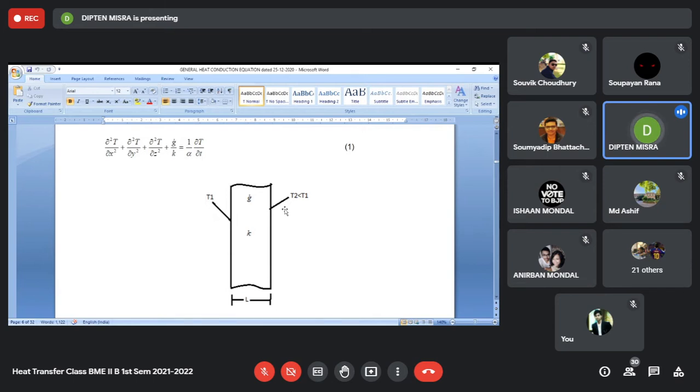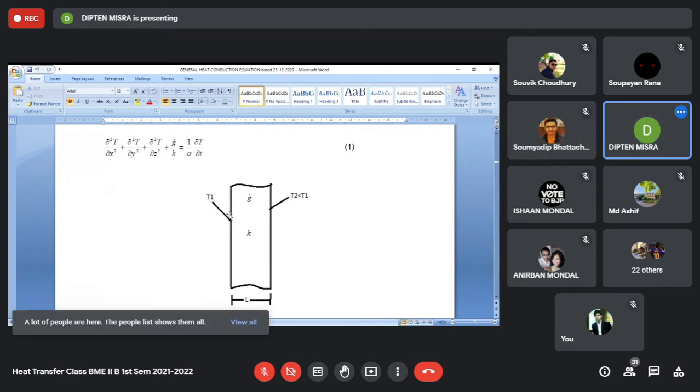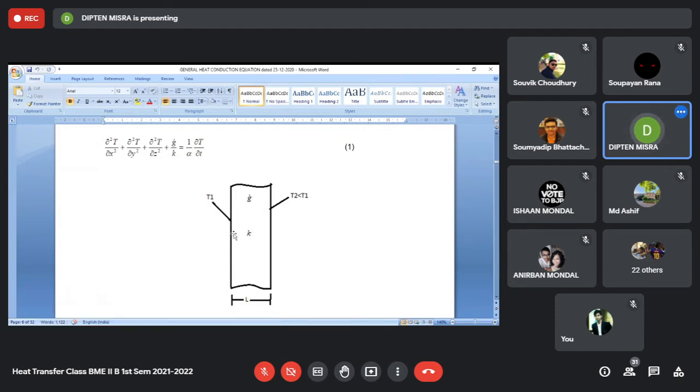Because of those things, heat will flow mostly along X, and there will be very little flow of heat along Y, the height direction, and Z, the depth direction.